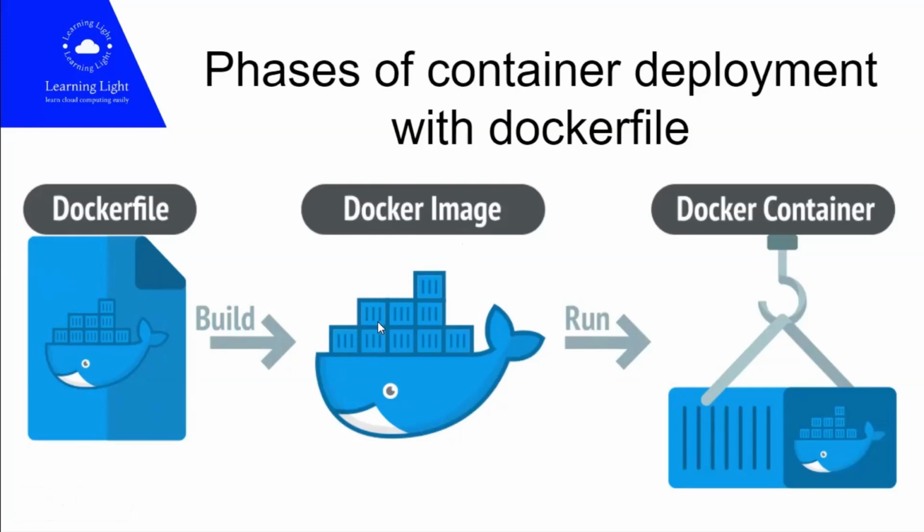Once this Docker image is built, we will run a container with it. So instead of pulling the Docker image directly from Docker Hub or some other Docker registry, we will build our own Docker image from the Dockerfile, and then with the help of that image, we will spin up our own containers.